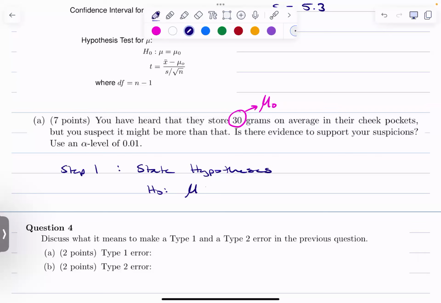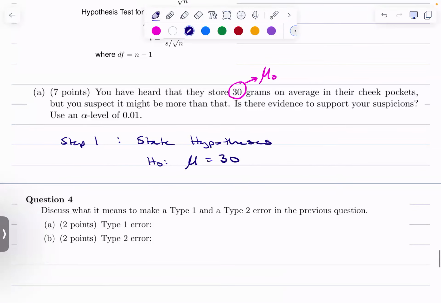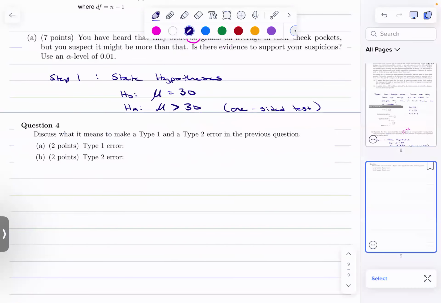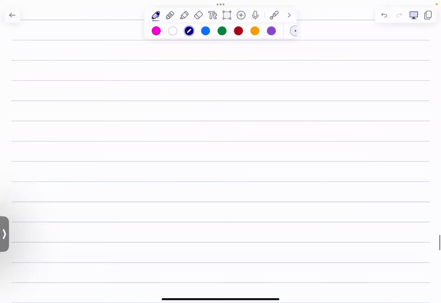So you want to have mu is equal to 30. Mu naught is 30. And the alternative hypothesis, you suspect it might be more than 30, so you suspect mu is greater than 30. But you have to assume it is 30 until you have evidence that it's greater than 30. You only care about the one side, so that makes it a one-sided test.